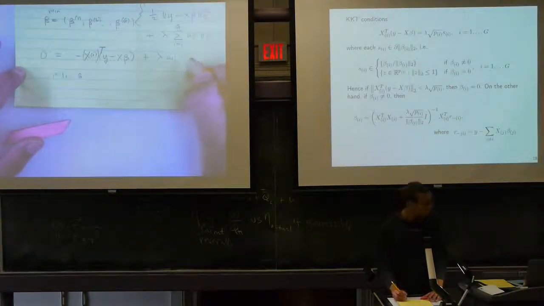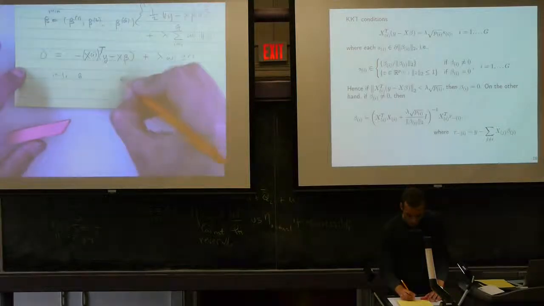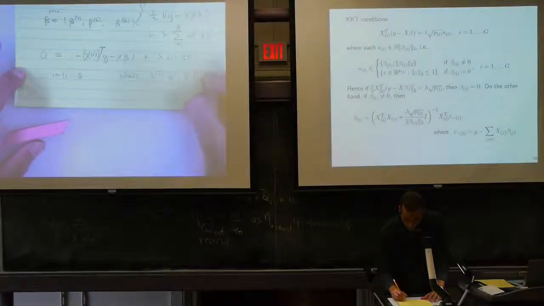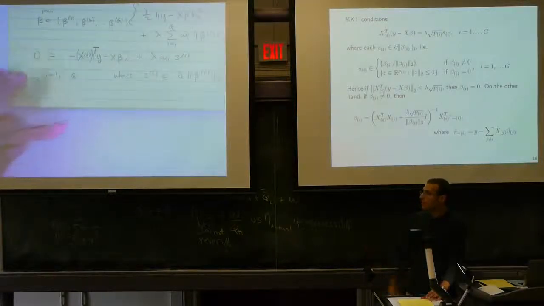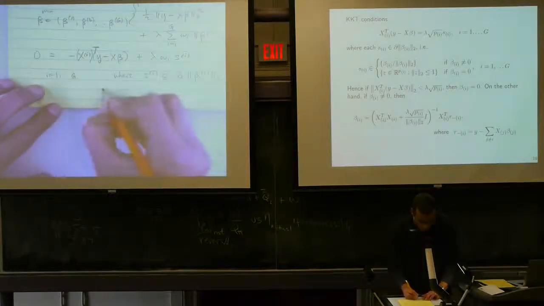I guess I called it s_i again, where s_i is a subgradient of the L2 norm of the ith component block of the coefficient vector. So what is that? Well, we also know what this one is.